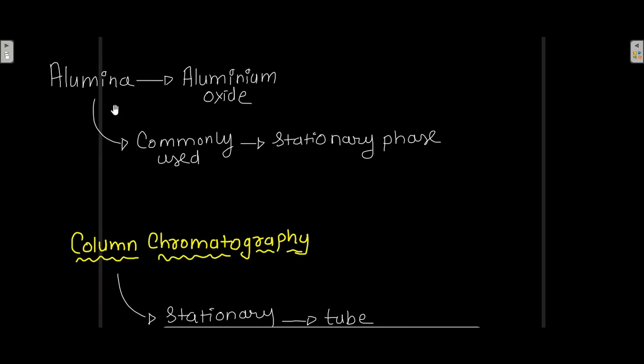Alumina, also known as aluminum oxide, is the other commonly used stationary phase. So silica and then alumina are the two most common stationary phases.